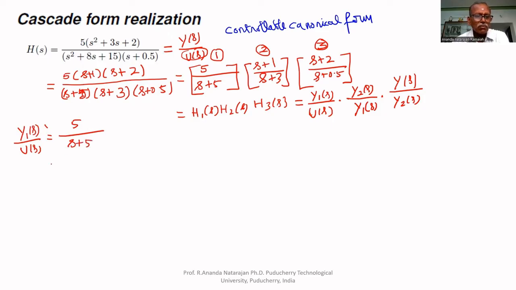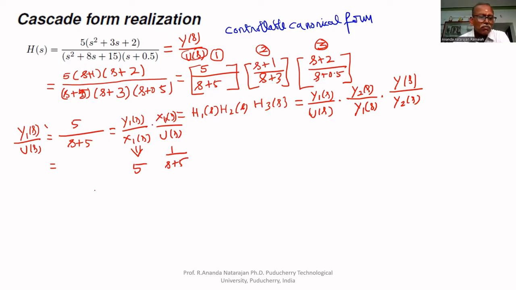For controllable canonical form, we will assume Y1 of S upon X1 of S multiplied by X1 of S upon U of S, where Y1 of S upon X1 of S is assumed as 5, and X1 of S upon U of S is assumed as 1 by s plus 5.